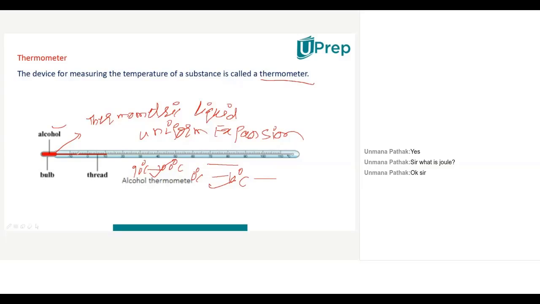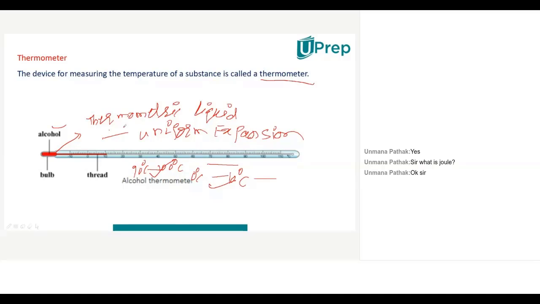as the thermometric liquid actually. So if you see the thermometers in your laboratory, which type of thermometers do we always use? Generally mercury thermometers only we use.